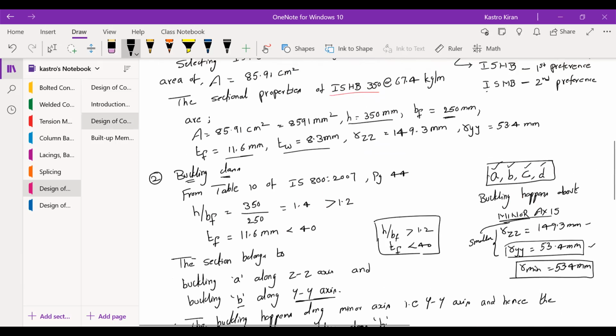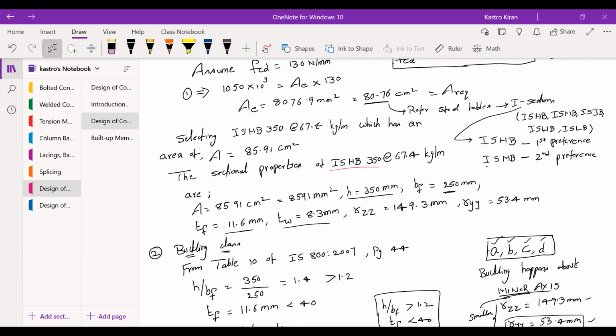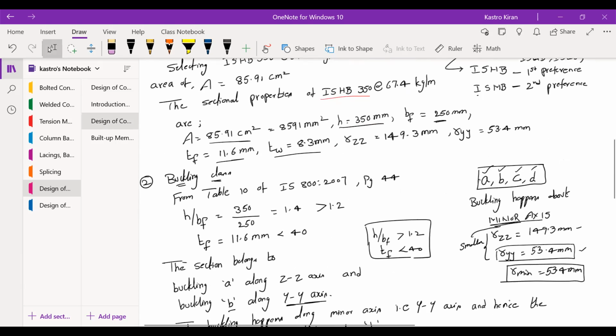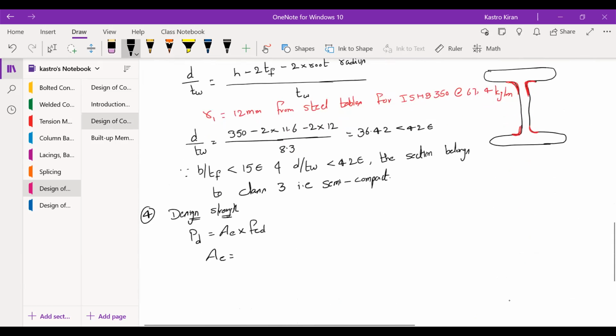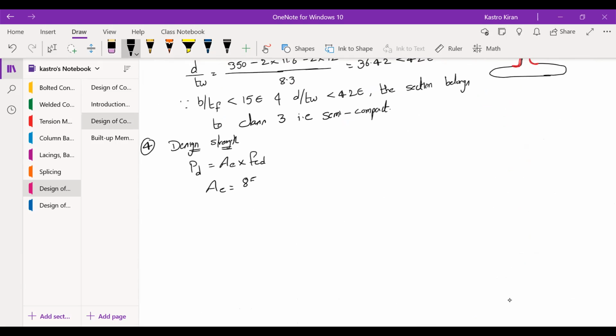What is the effective area? It is 85.91 square centimeter. Don't take Ae as 80.76, it is the area required value. But how much area we have provided, that you have to take as Ae. So therefore, Ae equals 8591 mm square.